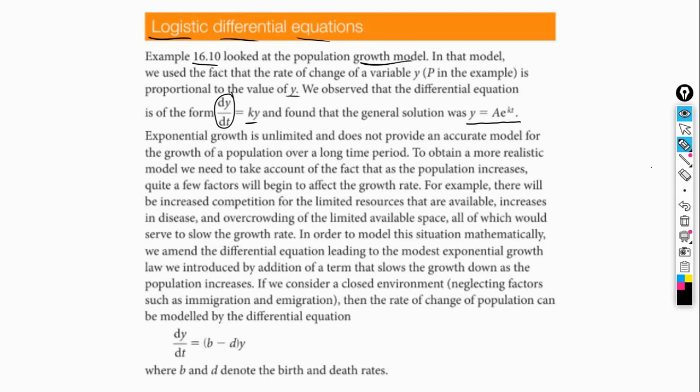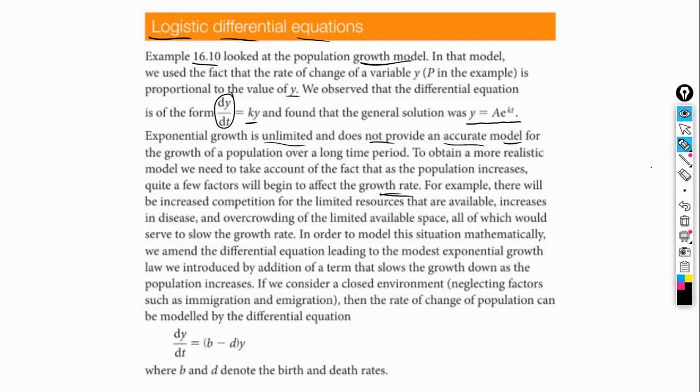Now, exponential growth is unlimited and does not provide an accurate model for the growth of a population over a long period of time. To obtain a more realistic model, we need to take into account the fact that as the population increases, quite a few factors will begin to affect the growth rate.